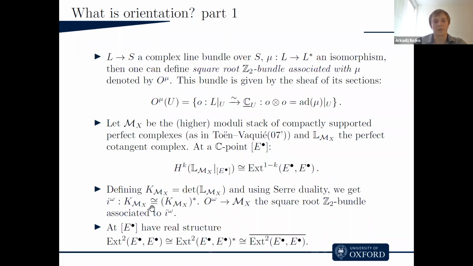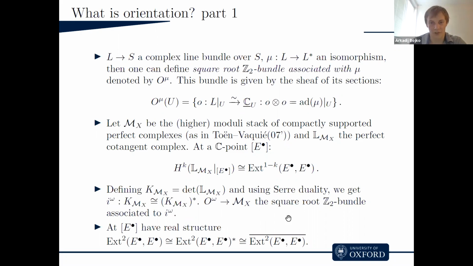So one defines a line bundle by taking the determinant line bundle, which is an alternating product of determinants of these Ext groups. And one obtains, using Serre duality, which I described before, an isomorphism of this, well, this is called a virtual canonical bundle on M_X, and there is an isomorphism of it with its dual. And the orientation bundle is exactly the square root Z2 bundle associated to this isomorphism.